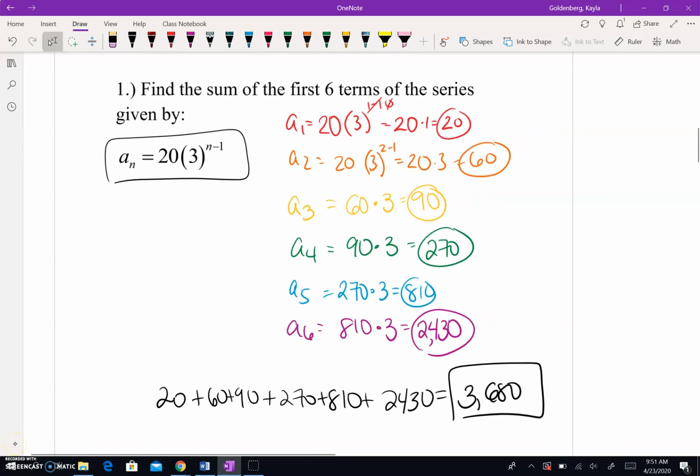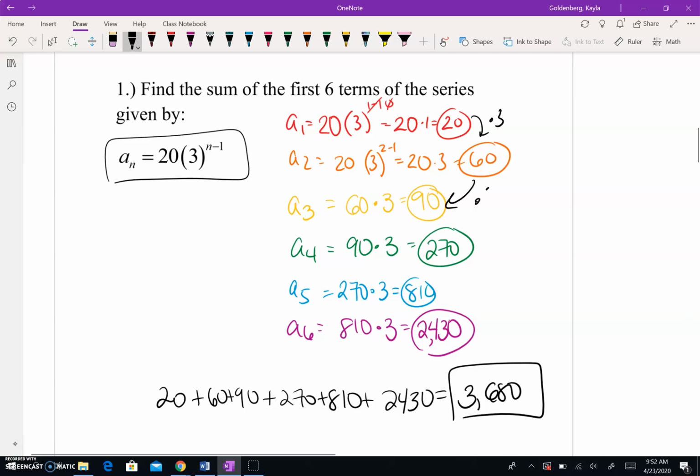Okay, so here is my work for terms 1 through 6. Notice I tried to color code it oh so beautifully, and I only really showed my work for the first couple. After the first couple, rather than using the formula, I just used the logic that every time you continue to multiply by 3 to go from one term to the subsequent term.